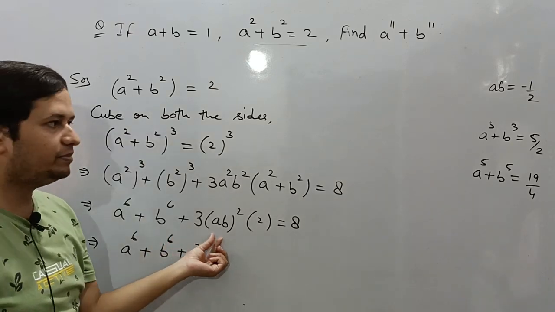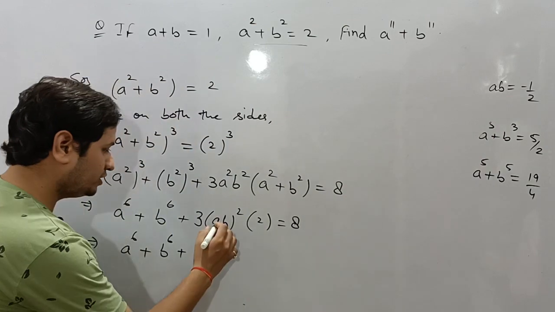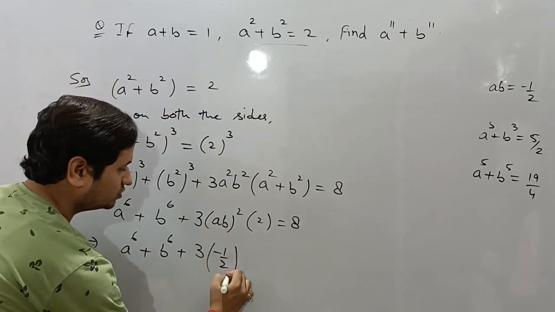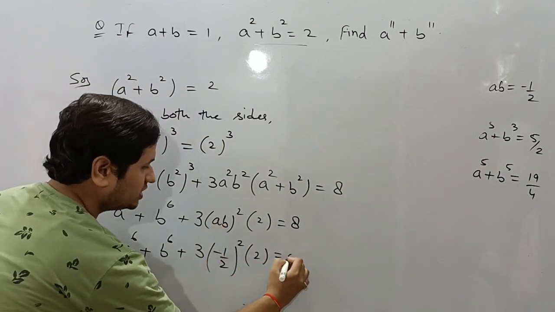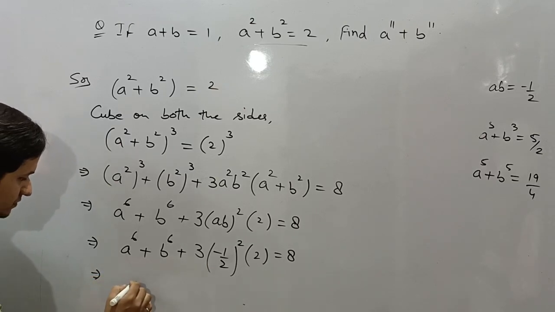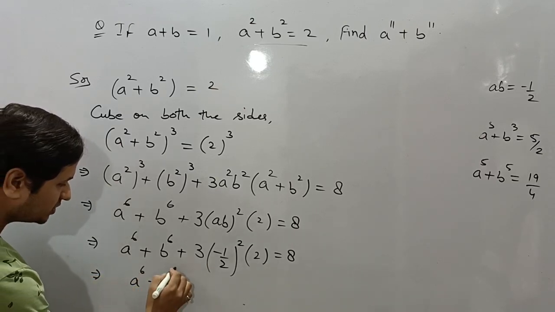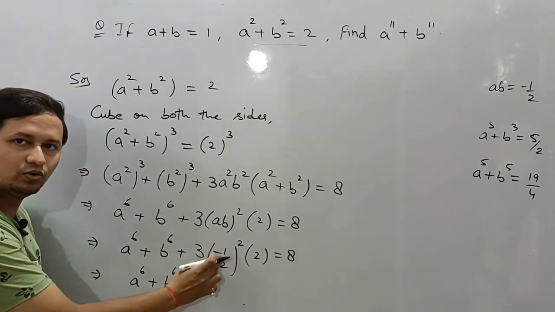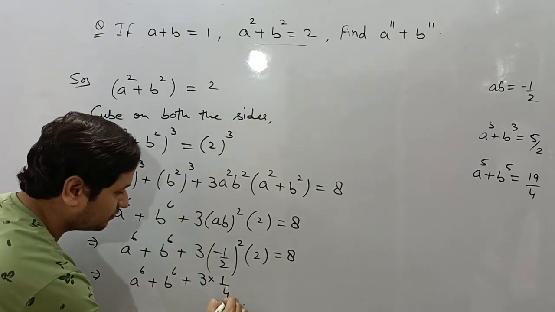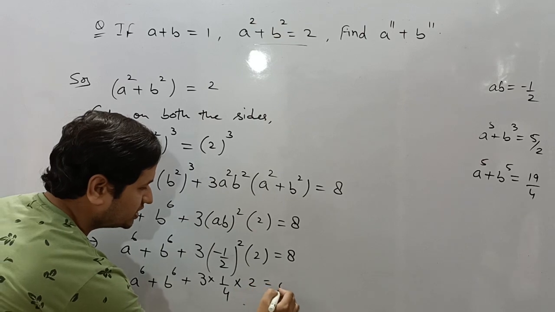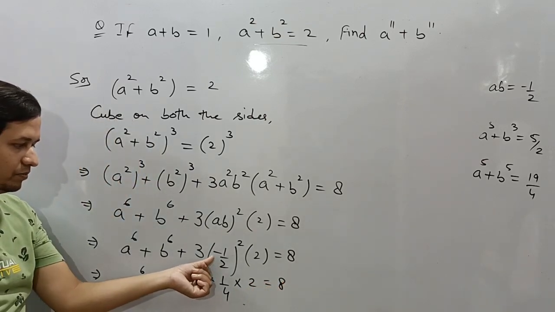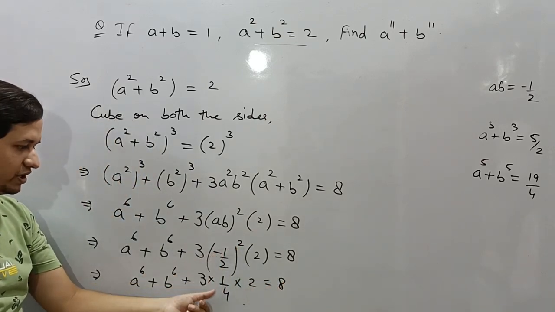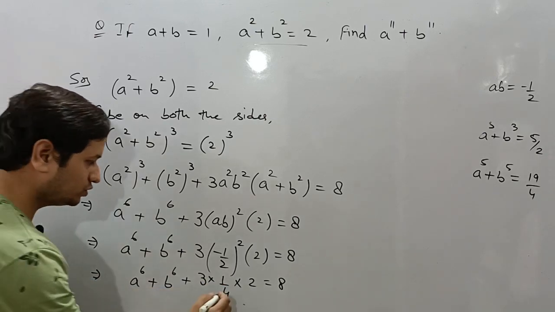What is the value of ab? ab is minus 1 by 2. We will put here minus 1 by 2 whole square into 2 is equals to 8. a raised to the power 6 plus b raised to the power 6 plus 3, minus 1 by 2 whole square is 1 by 4, into 2 is equals to 8. Got it? Minus square, so it will be positive 1 by 4 into 2.